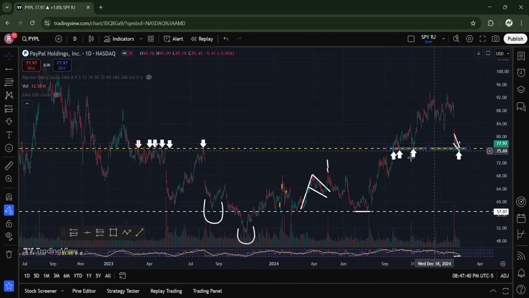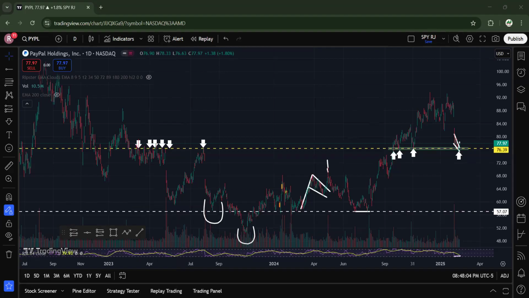So it has tried to turn the previous resistance from 2023 into a support. You won't even know to look for this stuff unless you understand levels and how time frames work. So you always try to understand your time frames and look for those levels.